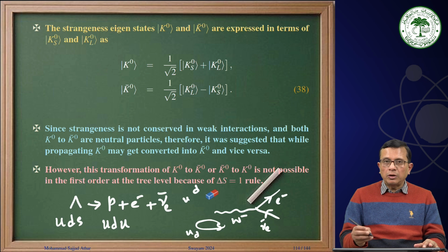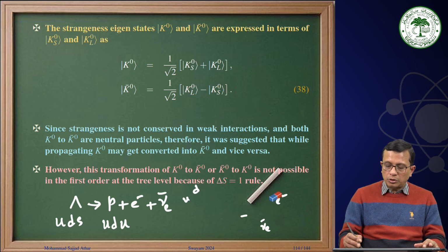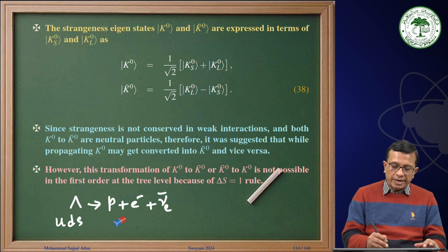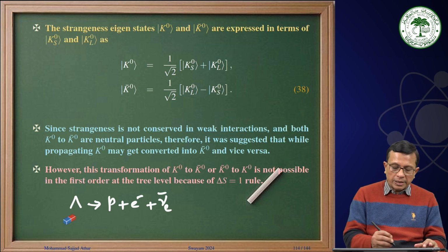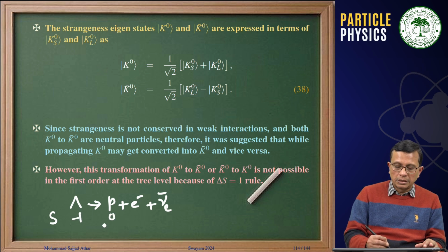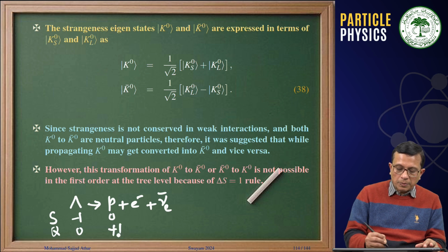But what has been found is that the decay rate of neutron to proton, electron, antineutrino is different from the decay rate of lambda going to p plus e- plus anti-nu_e. We understand this by the fact that strangeness here is -1, here it is 0, and charge here is 0, and here it is +1.